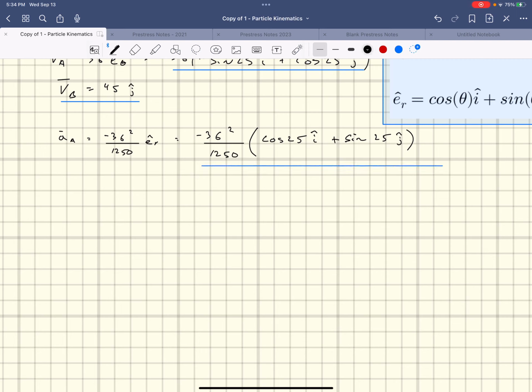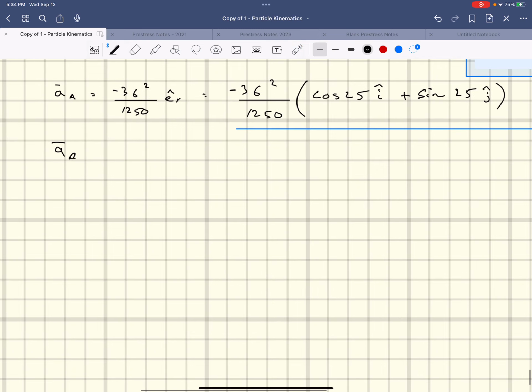And then for AB, we can use inspection, or you could use that transformation over here, put in an angle of 0, and get the same thing.